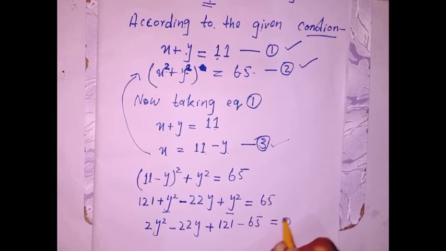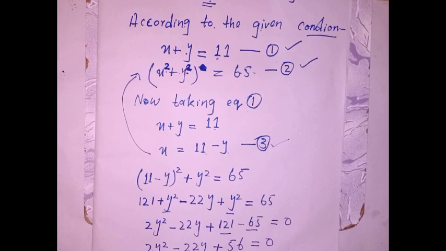If we subtract 65 from both sides, or just simply shift the 65 to the left side, we get 2y square minus 22y plus 121 minus 65, which is 56, is equal to 0.